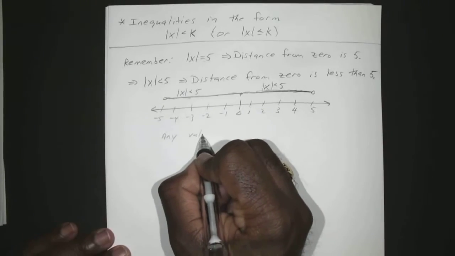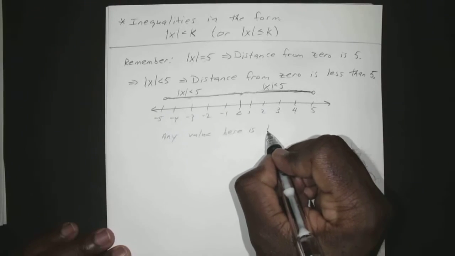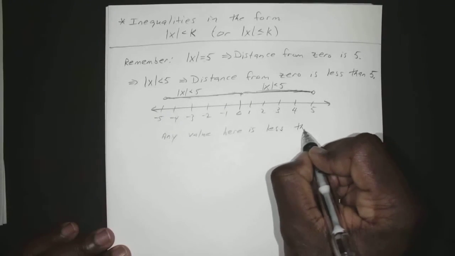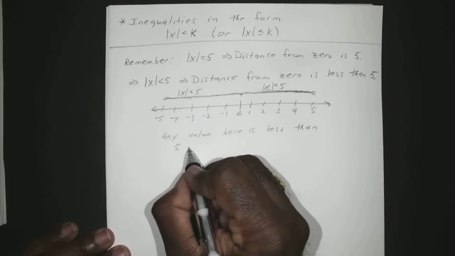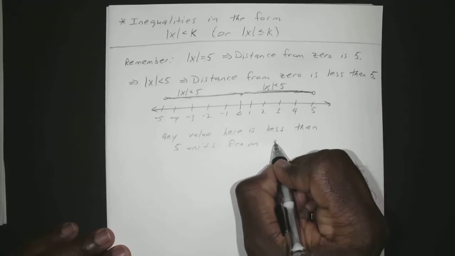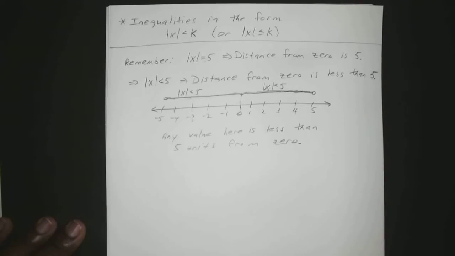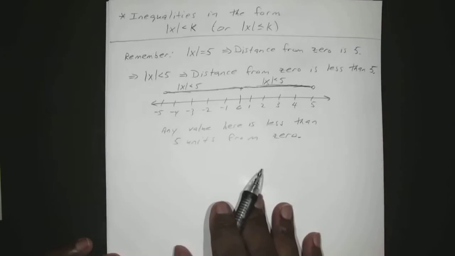So any value here is less than 5 units from 0. And we use units because we don't know if it's inches, feet, miles, so we just use units as an open measurement.